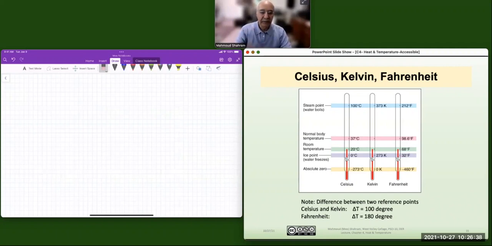If you give me a temperature in Fahrenheit, what would that be in Celsius? Notice that for Celsius and Kelvin, between ice point and steam point is 100 degrees, and that's how it extrapolates throughout the whole range of the thermometer. For Fahrenheit, 32 to 212, it's 180 degrees. So the scale divisions are different.